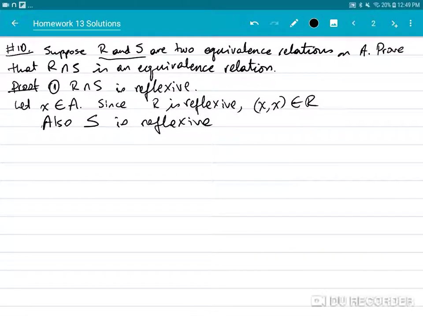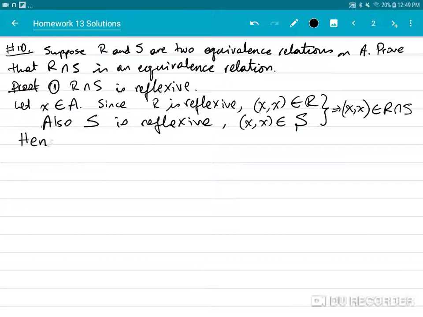Because we assumed R and S are equivalence relations. Since S is reflexive, (X, X) is in the relation S. These two imply that (X, X) is an element of R intersection S. Hence, every generic element X is related to itself in this intersection relation. So hence R intersection S is reflexive.